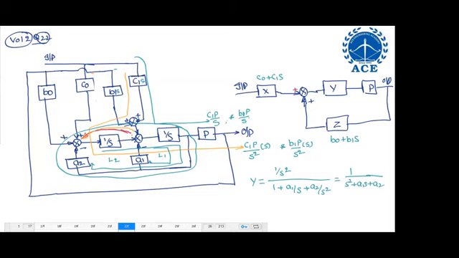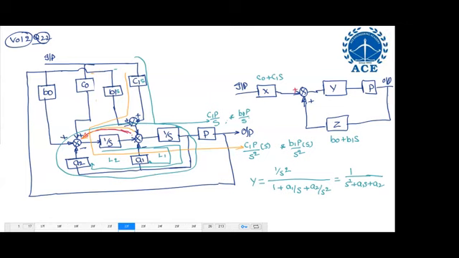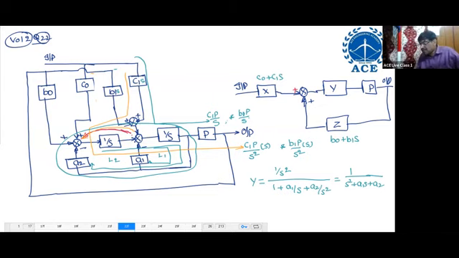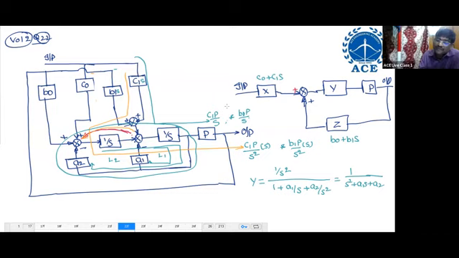Error means input minus output. Input exists where? At zero, and that also at zero with infinite magnitude. How can you find error? Correct. Errors are not defined for impulse. Okay, sir. Thank you, sir.